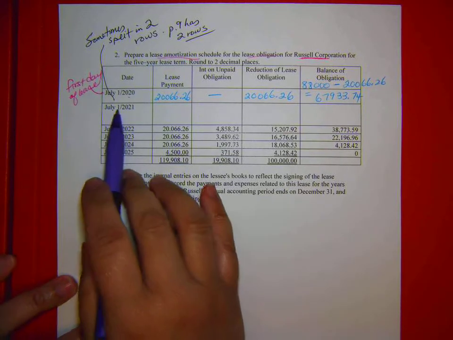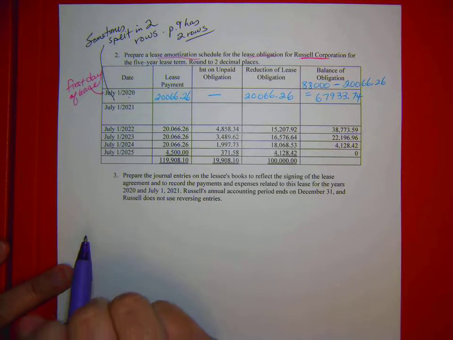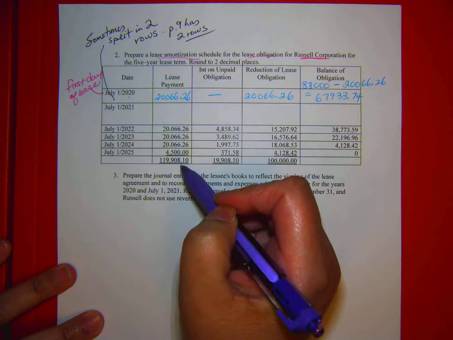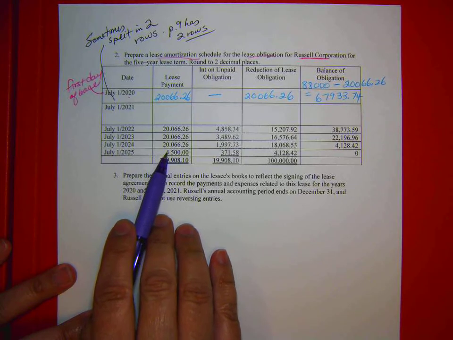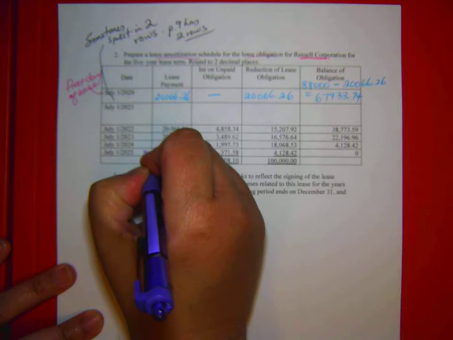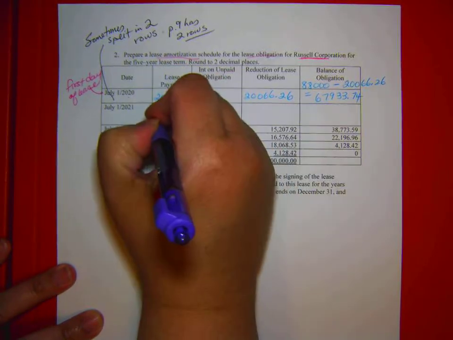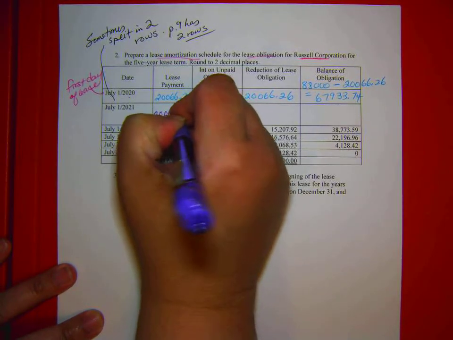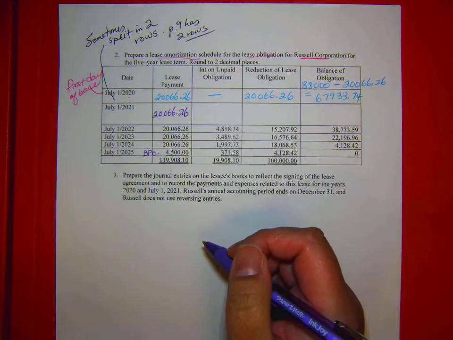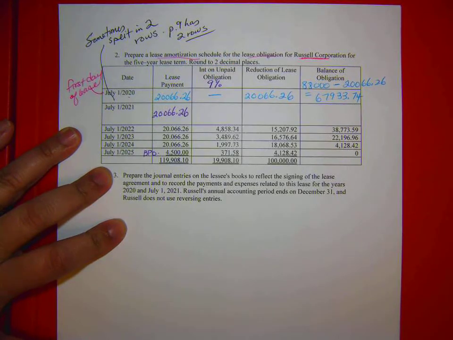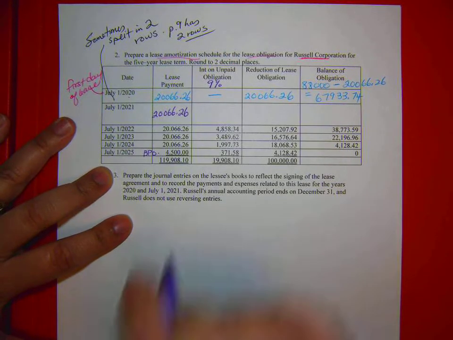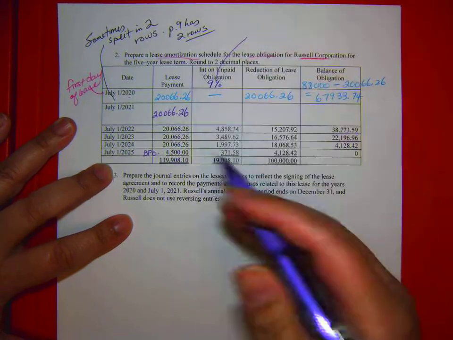Now, July 1st, 2021, our next payment. So notice the payments are the same every year, except for this little $4,500, because that's going to be our bargain purchase. So 20,066.26. Now, we're going to be using the 9% because there was only one interest rate given, or they're both equal.